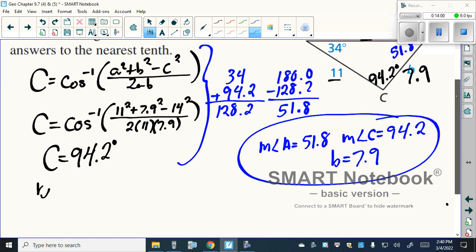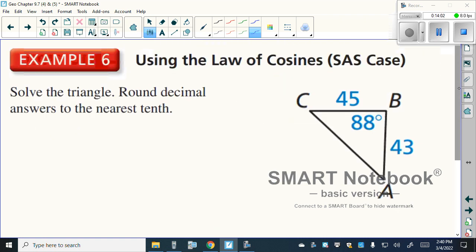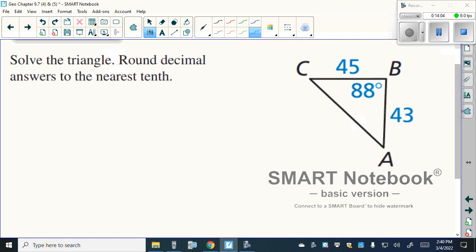Yes, that's fine. Let's look at another one. In this one, we need to find the side length B and angles A and C. We need to find one side and then the two angles.